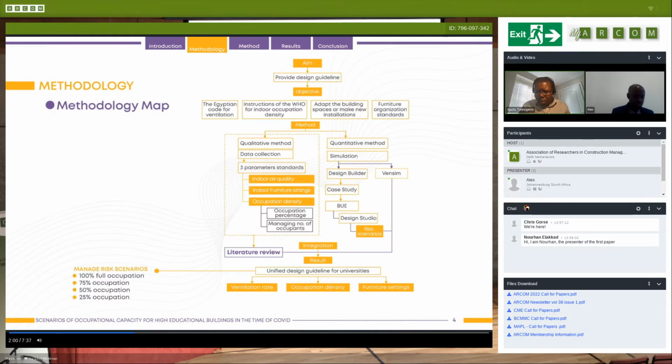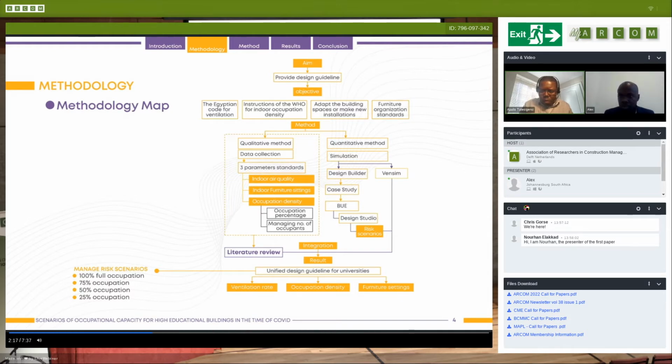Second, methodology. The methodology map is the hierarchy of the research, starting with the aim to provide design guidelines through these objectives with a mixed approach method that is divided into qualitative method and quantitative method.